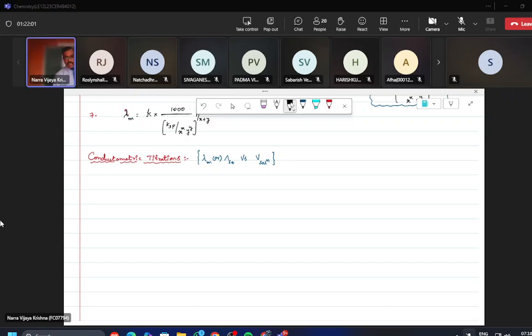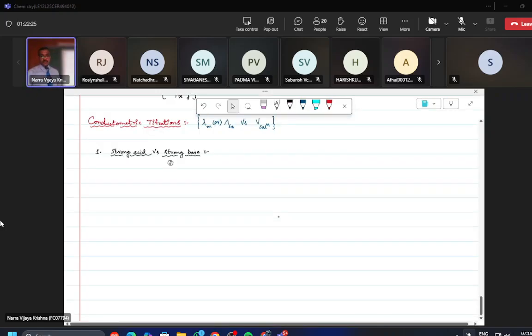First, I am plotting a graph for the conductometric titration of a strong acid with a strong base.